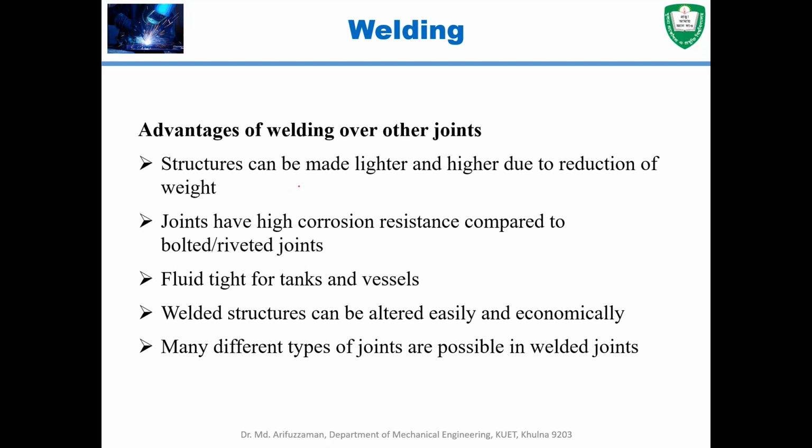structures can be made much lighter and higher due to the reduction of weight. For example, if we talk about the Eiffel Tower, it's a very high structure, right? And that high structure has a significant amount of weight.